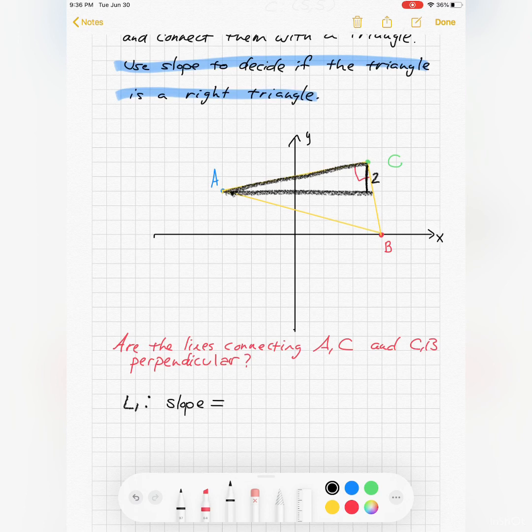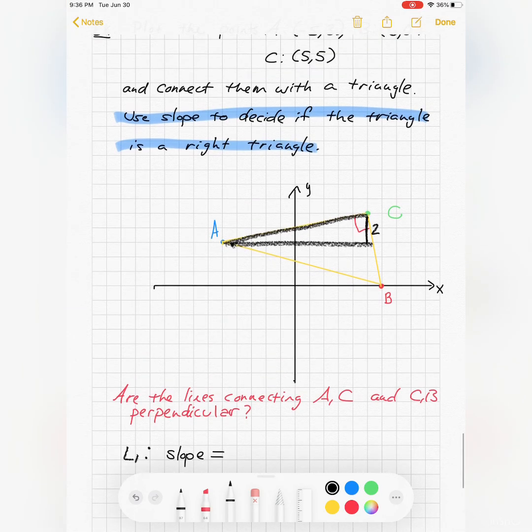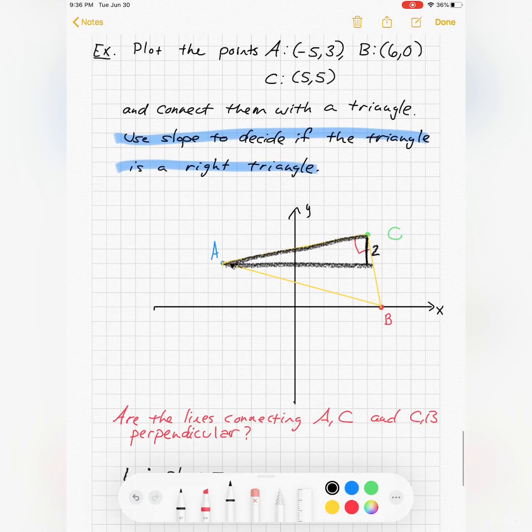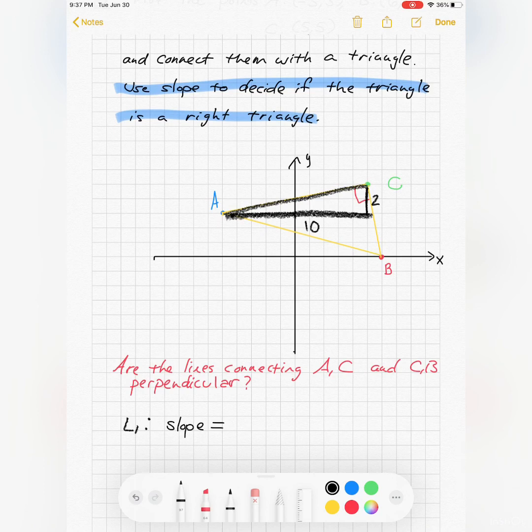What is the run here? The run is 5 here, over to 5 here. That's 10, right? Should I double check that? 1, 2, 3, 4, 5, 6, 7, 8, 9, 10. Okay, so the slope of that line is 2 over 10, or 1/5.